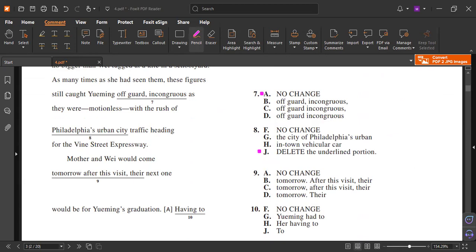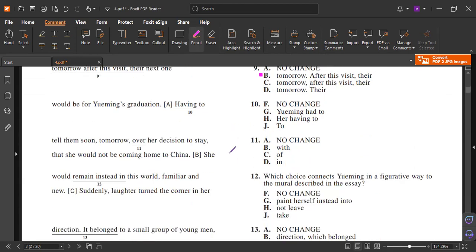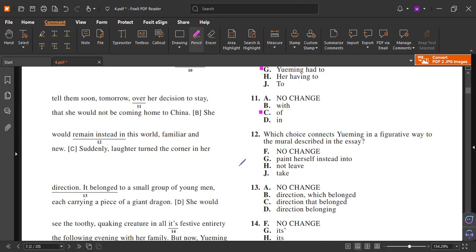Number 9, B. Let's see, B, correct. 10 G. 10G, correct. 11 C. That's perfect.